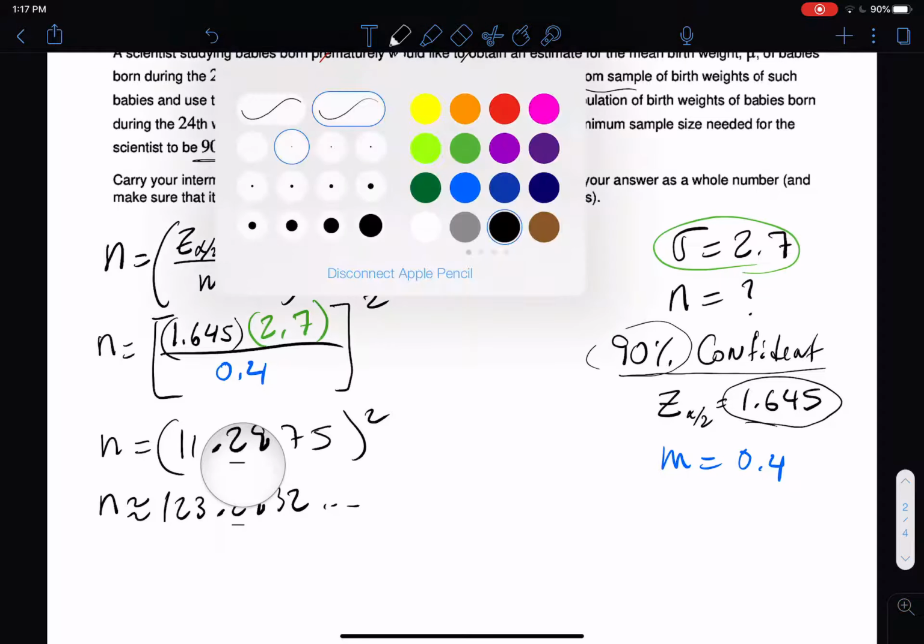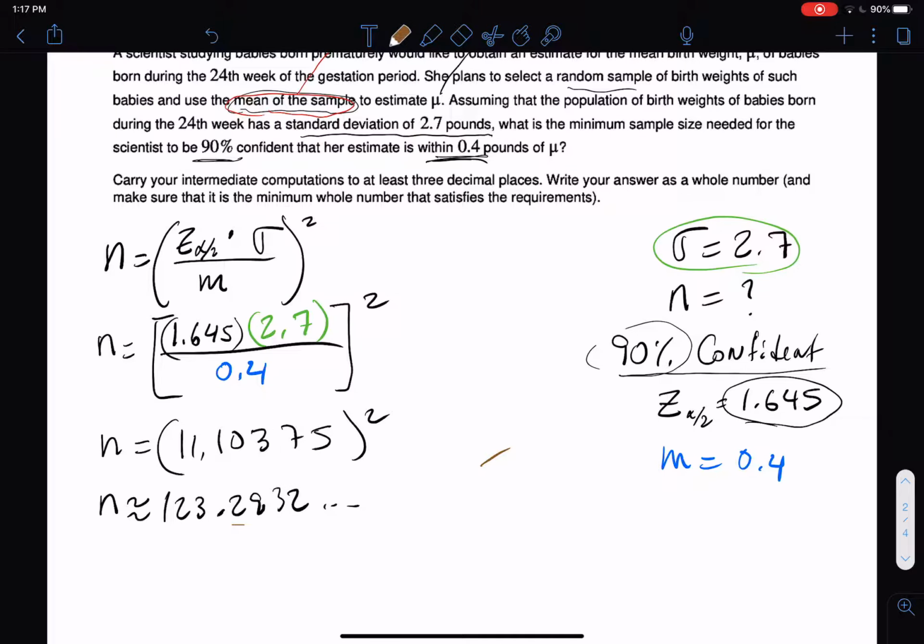But the problem is, if you round, oops, there's that freezing thing again. And I think I figured out how to unfreeze by doing that. There we go. So the problem is, if you round it down, as you might normally do here, to 123, that's not a big enough sample size to get this margin of error, right? 123.29 will do it. So since we need a whole number, or an integer, I should say, we better round that up, even if this is typically rounded down. Okay, so we need a sample size of 124.